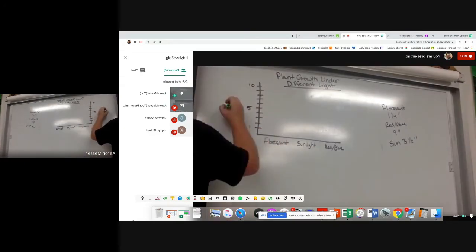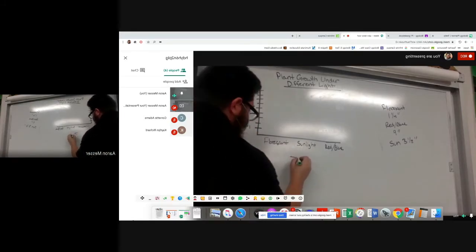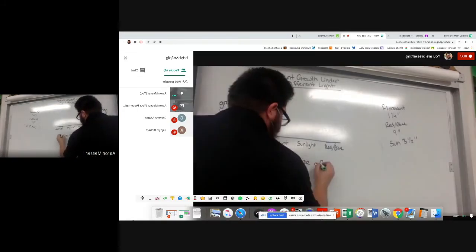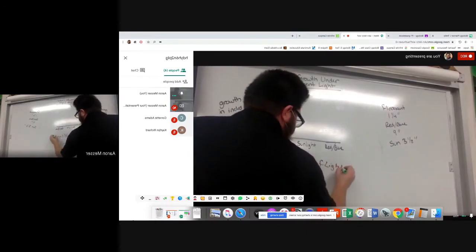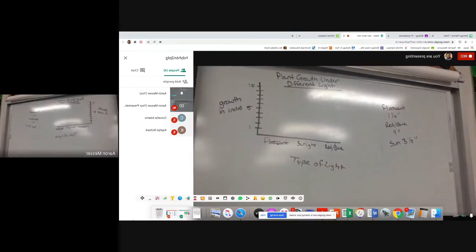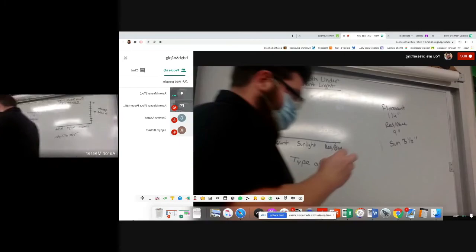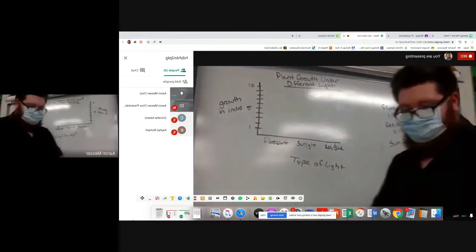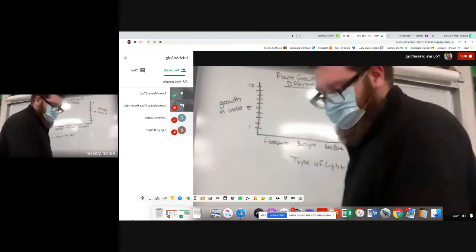And this is growth in inches, and this is type of light. Fluorescent light grew 1.25 inches, right?